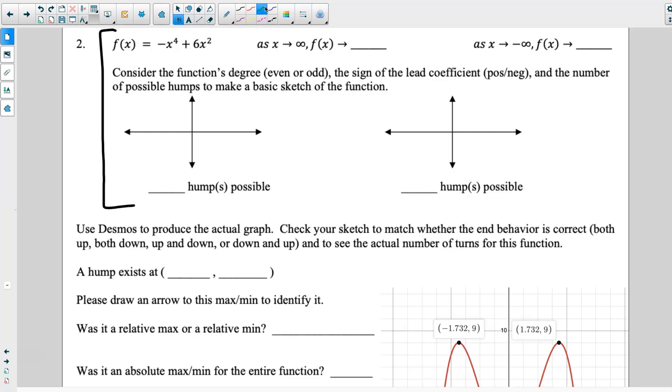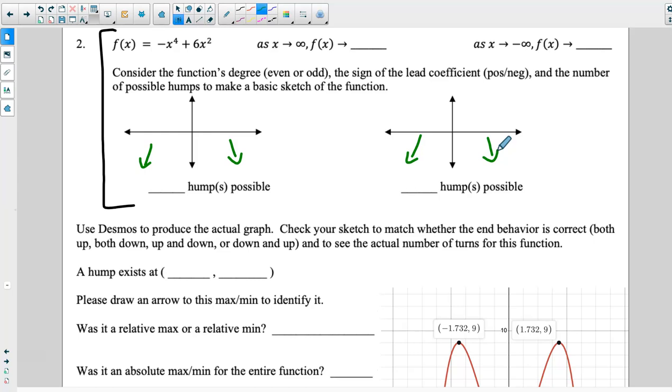So end behavior, degree 4, kind of already threw it out there. It's going to look like this. So I'm going to put that down for both of these. Now, as x goes to the right, as x goes to the left, we get the same answer, right? They're both going down. What is down in terms of infinity? It's negative infinity.